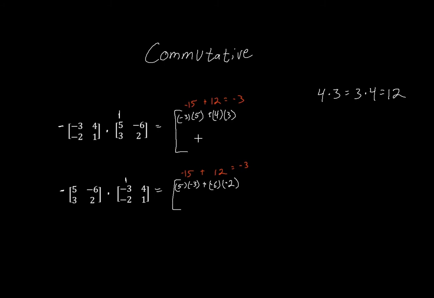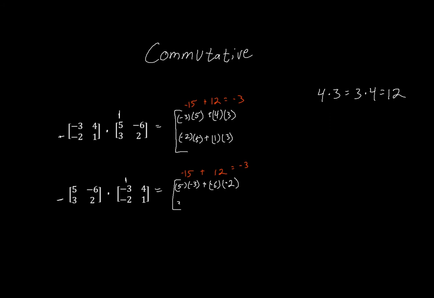Let's find out with that second entry. Let's look at row 2, column 1 now. Row 2: negative 2 times 5 plus 1 times 3.